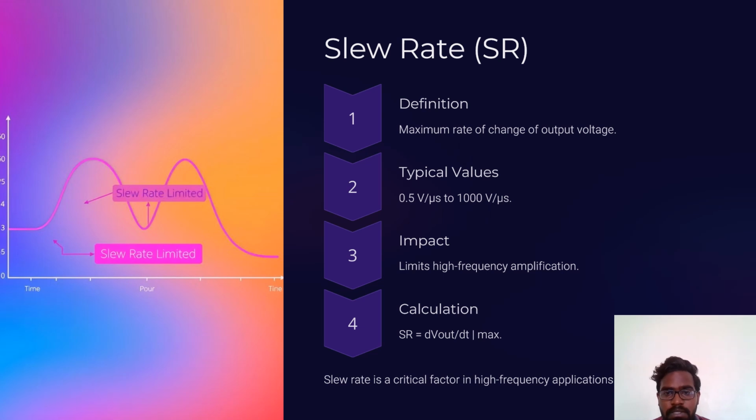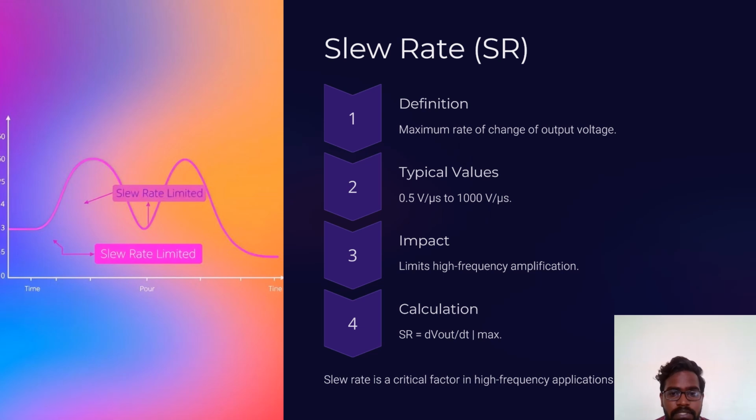The slew rate, in short form SR, is defined as the maximum rate of change of output voltage. Here is the graph of this slew rate, and the typical values are 0.5 V/µs to 1000 V/µs.